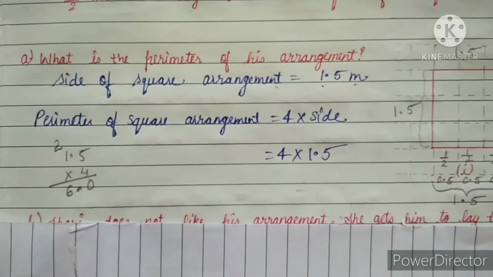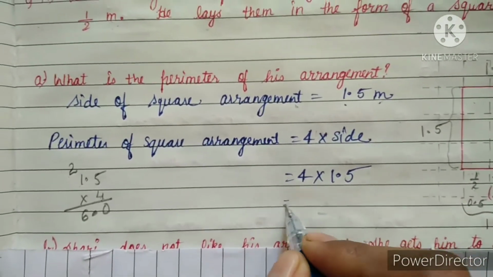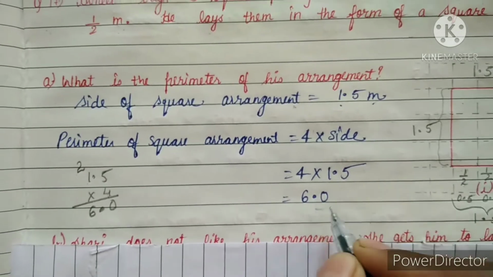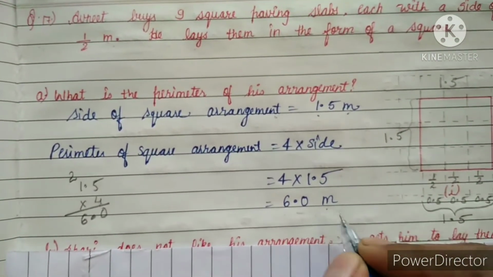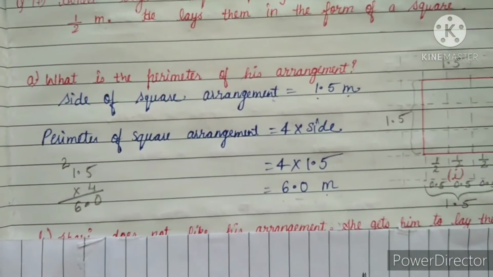So 1.5 multiplied by 4 gives us 6.0, and the unit is meter. 6 meter is the perimeter of the square arrangement.